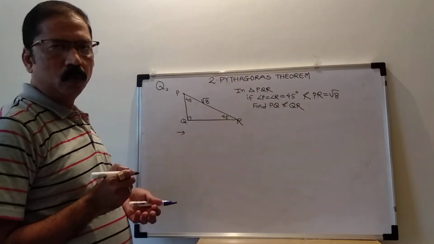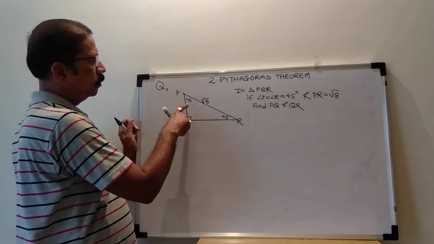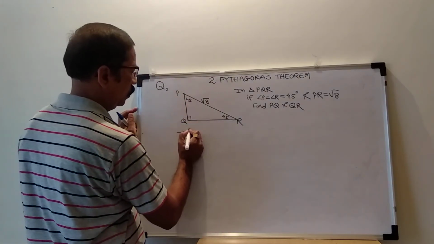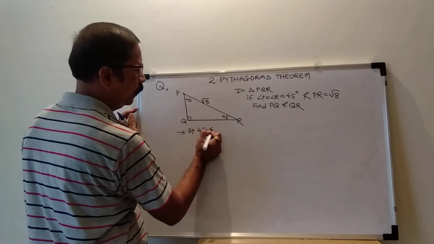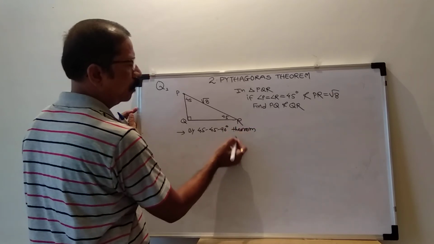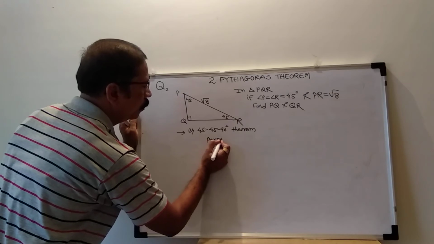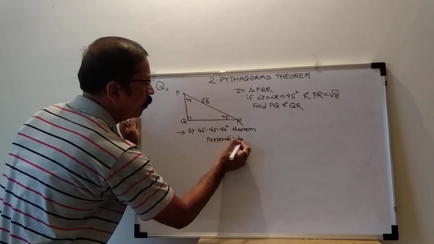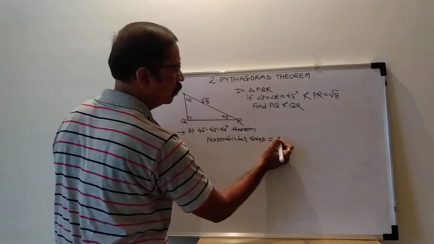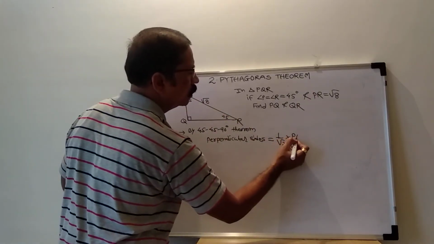Same method you have to follow. First identify the formula. Mention here the 45-45-90 degree theorem or property. Length of the perpendicular sides is 1 upon root 2 times the hypotenuse.